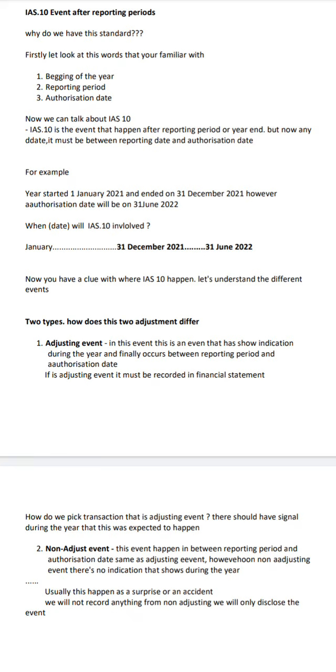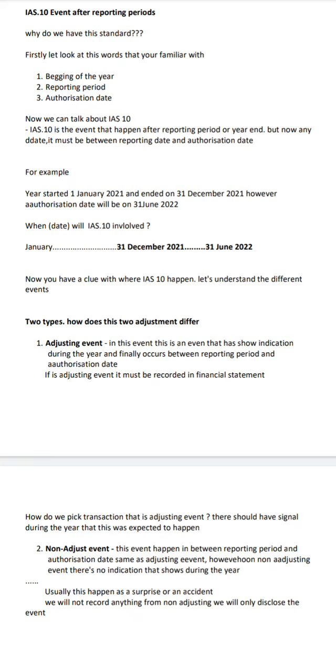So how are you going to pick that this is an adjusting event? Let me give you an example. A building can show a crack during the year. Let's say, for example, in June, it shows a crack indicating that the building can fall down at any time. Then, after the reporting period, the building completely collapsed, which means there was an indication that the building could collapse.